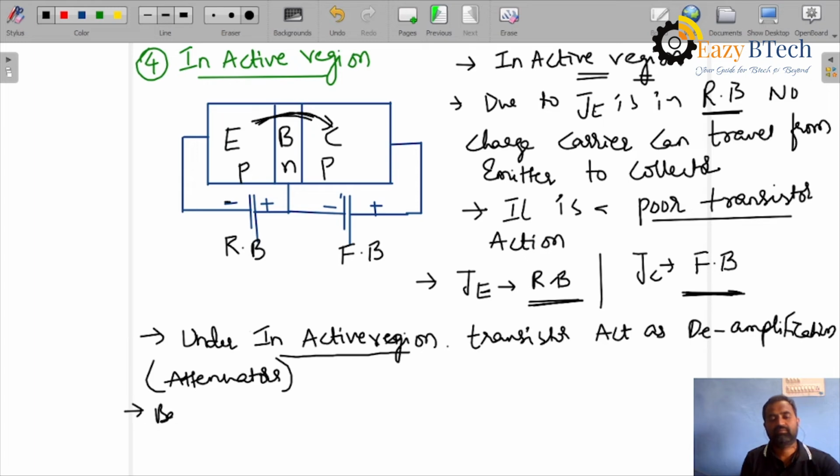Basically, transistor is never operated in inactive region.